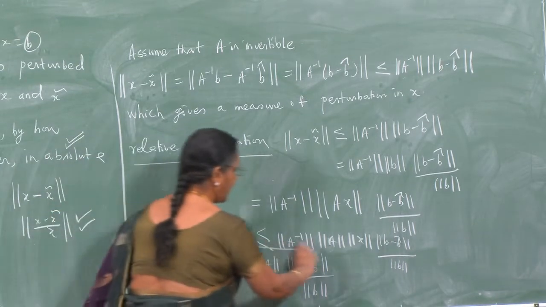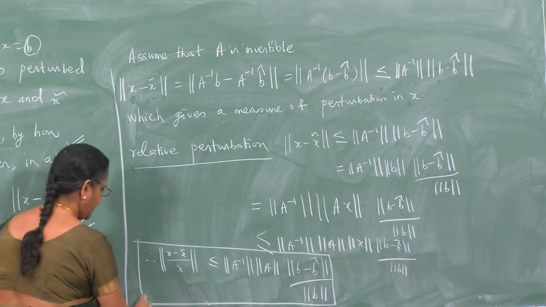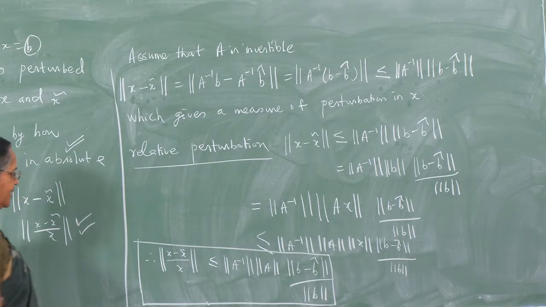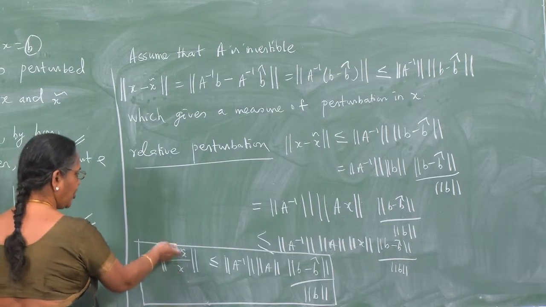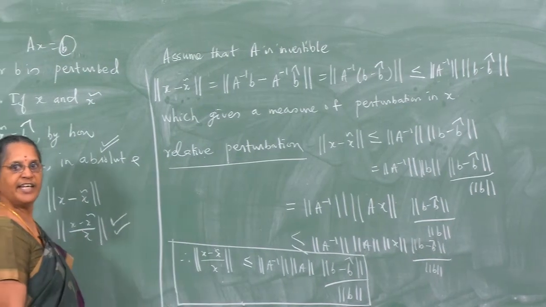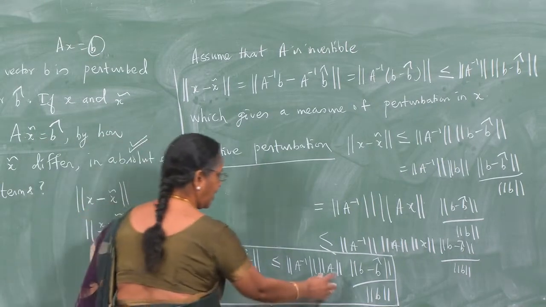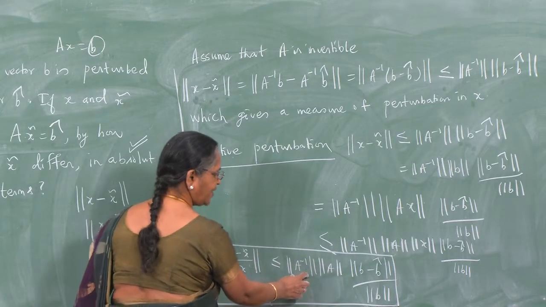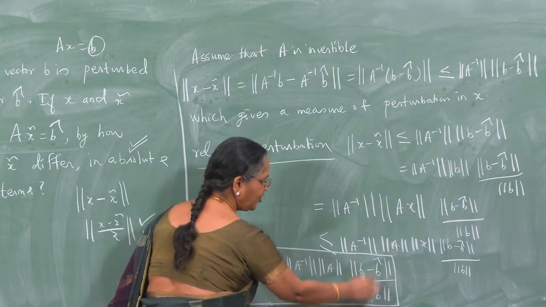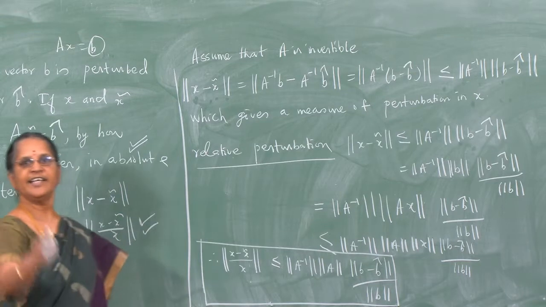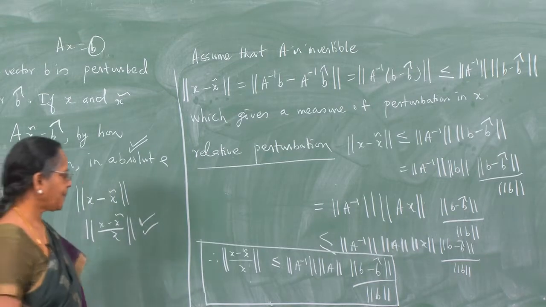So, I have a result which gives me the magnitude of the relative change in x is less than or equal to norm A into norm A inverse into the magnitude of the relative change in the right hand side vector.